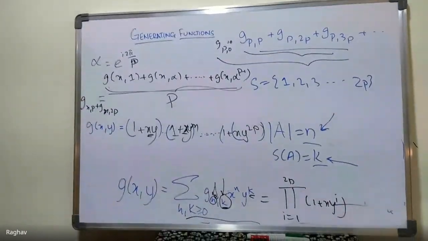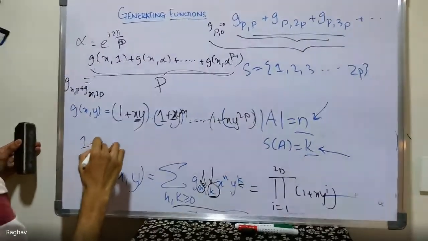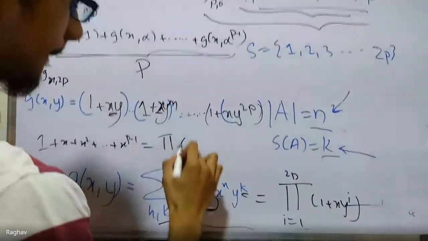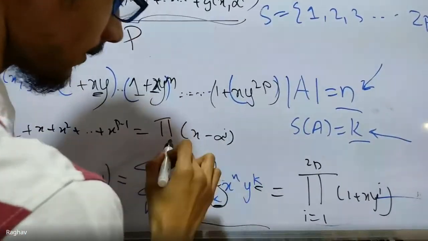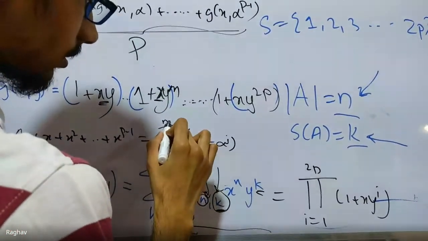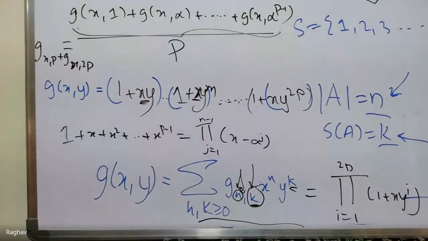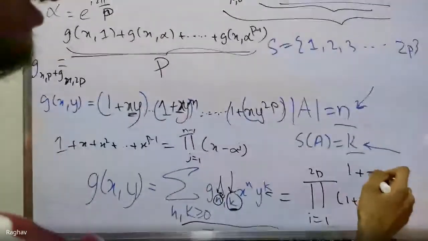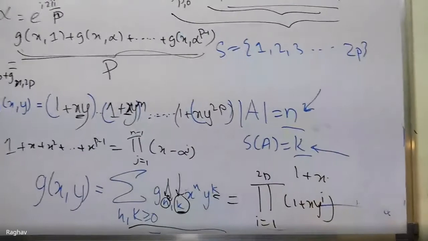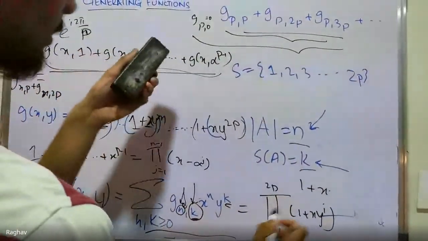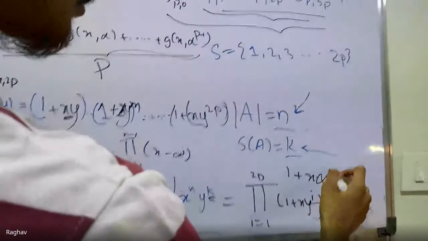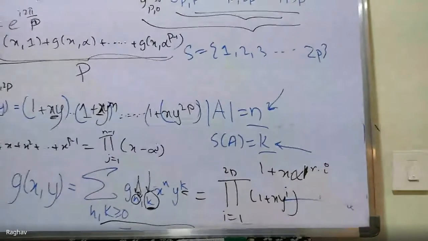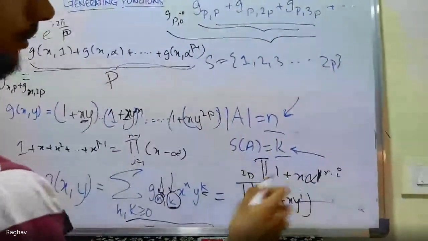Why? Because basically what happens is, now all you have to do is take 1 plus x times y, with y equals alpha to the power r, and you have to take a product.